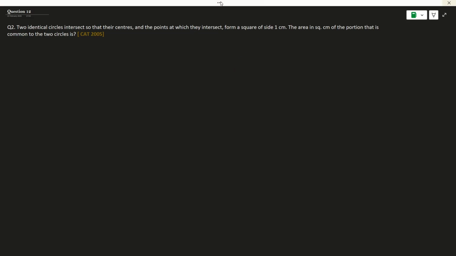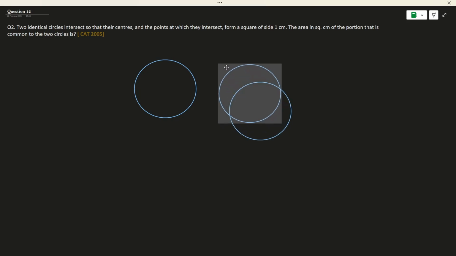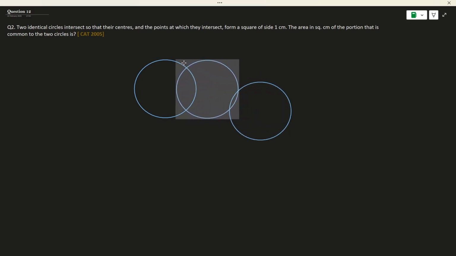Okay, let me draw again two circles. Right, this is a first circle. I'll copy this circle and I'll paste it. All right, and the two circles intersect each other.